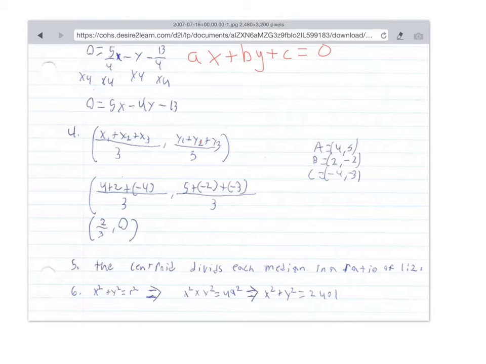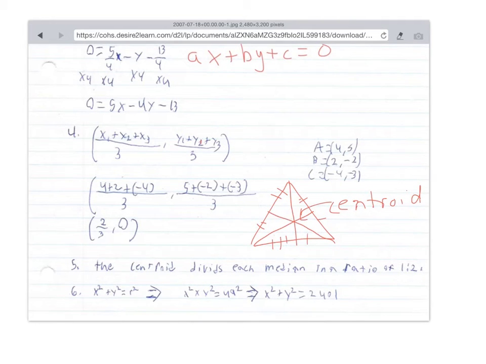And so all of the medians of the triangle, which would go from the vertex across to bisect the opposite side, all of the medians of a triangle meet at the centroid. And so that alludes to what you were talking about, with dividing each side in half, or bisecting each side. And that's exactly what the centroid does. It's the central point where all those lines will cross, so good.